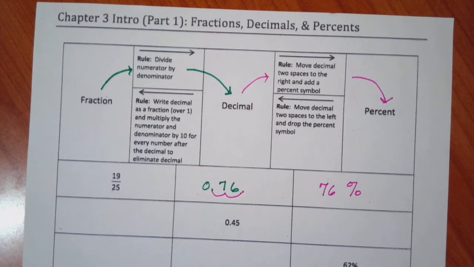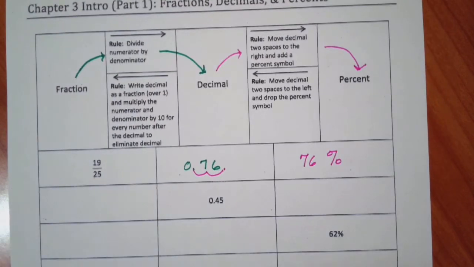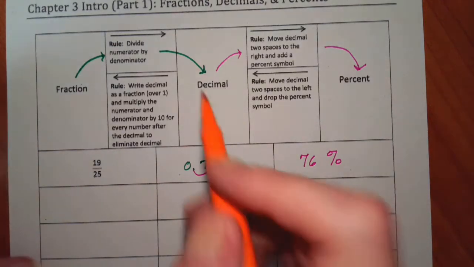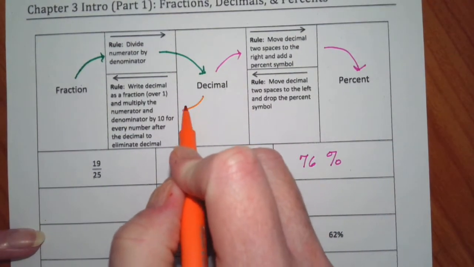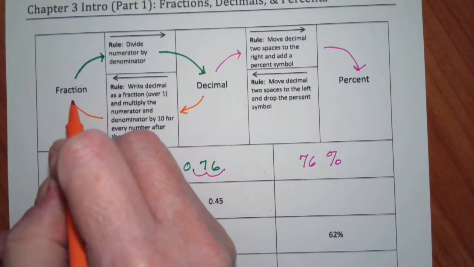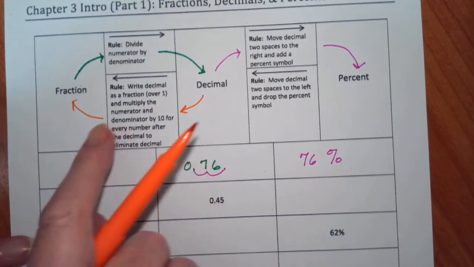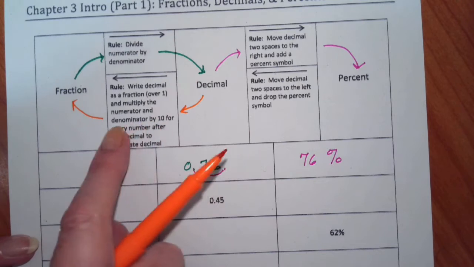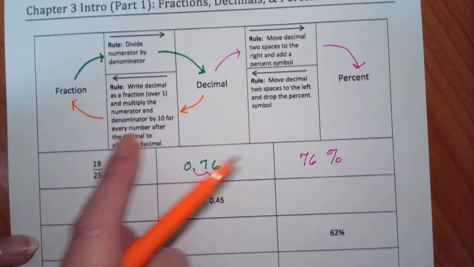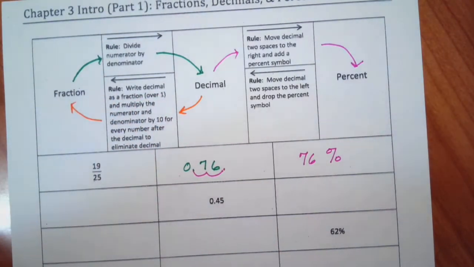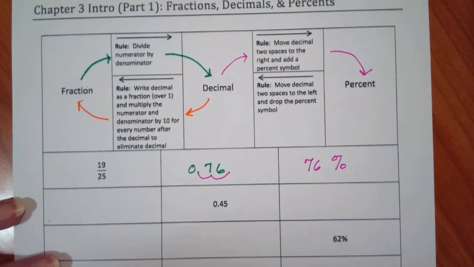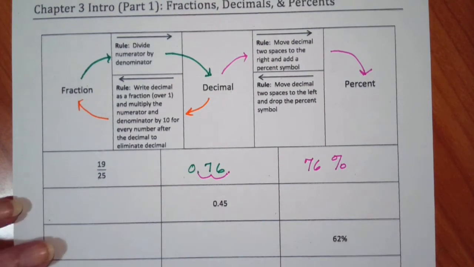Okay, if I want to start with a decimal, if I want to go from a decimal to a fraction, then I write the decimal as a fraction over 1 and multiply the numerator and the denominator by 10 for every number beyond.